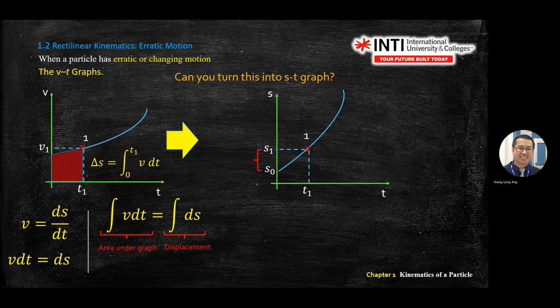VT to AT, what do you do? You do differentiation. AT back to VT, you do integration. But for this one, you focus on the area under the graph. Make sense? For this one, you go point to point. Gradient. This is pointwise gradient.